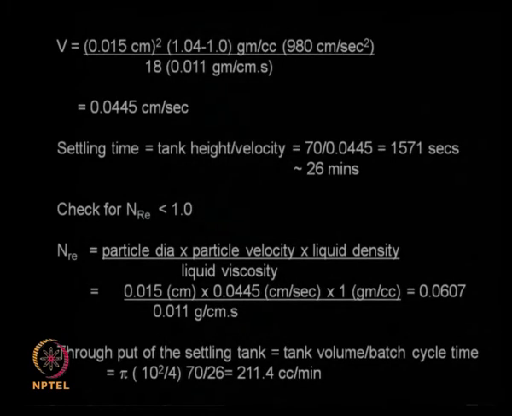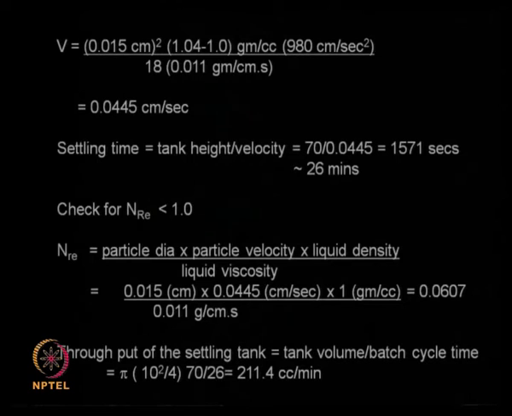Now the Stokes law again, if you remember, recall that it is valid only when Reynolds number is very low, that means Reynolds number less than 1. So we need to confirm or check whether the Reynolds number is really low, otherwise Stokes law is not valid. Why is it so? If you remember, Reynolds number is a function of many parameters, right, diameter of the particle, particle velocity, and the physical properties of the liquid.